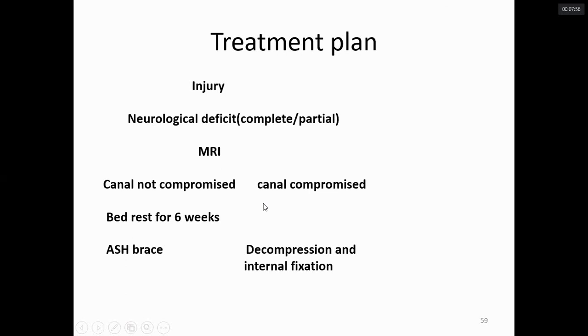If the canal is compromised with a neurological deficit, you go for operative fixation. If the canal is not compromised and there is no neurological deficit, and height is preserved more than 50%, then you can go for conservative management. If the vertical height is decreased more than 50% with neurological deficit, then you have to go for operative fixation.